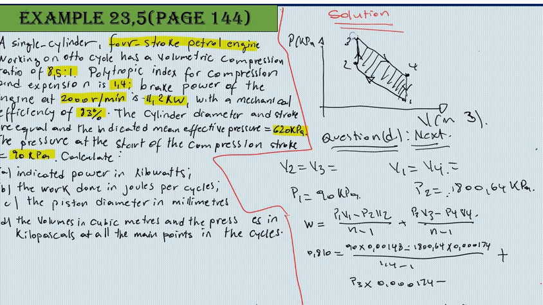And then V4 is the same as V1, but I don't have P4, so I'm going to leave it as it is. Then I need to divide this by 1.4 minus 1.